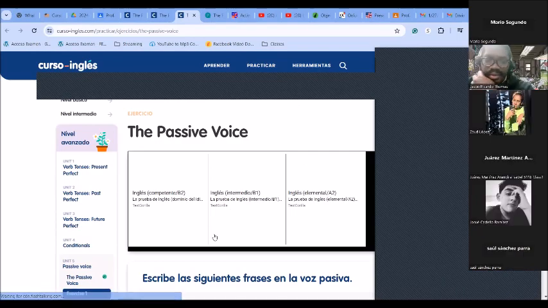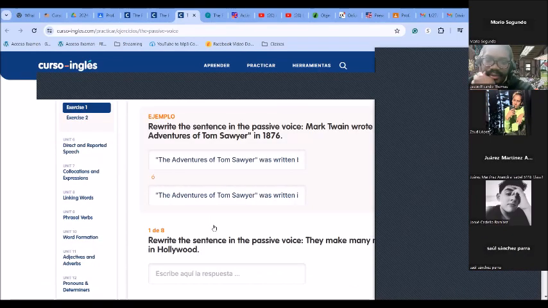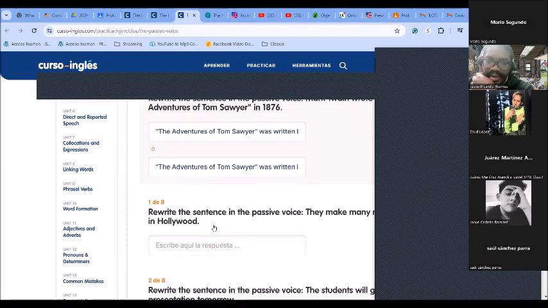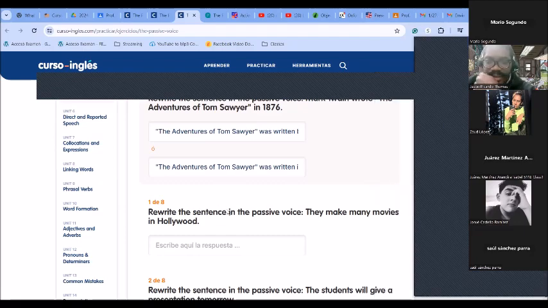Let me go back to Mario. You have some sentences. Make sure you can see the whole thing. We have some active sentences here. Let's make them passive.